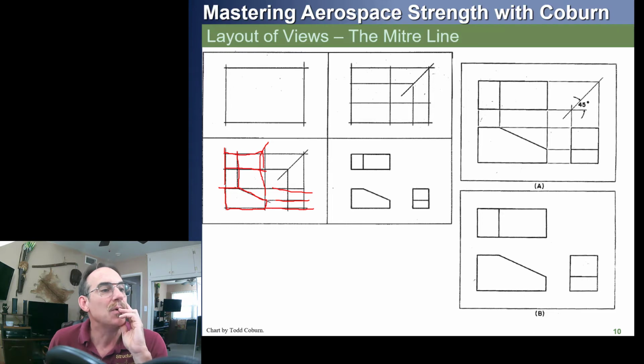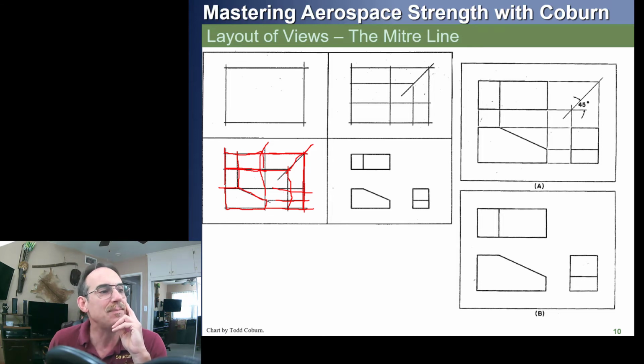Now, if you extend the near face of this view and the near face of this view until they touch, and then draw a 45 degree line from that point, that's called the miter line. Then you can transfer the dimensions with leader lines from this view down onto this view. See how wherever this projected line hits this line, it transfers down.